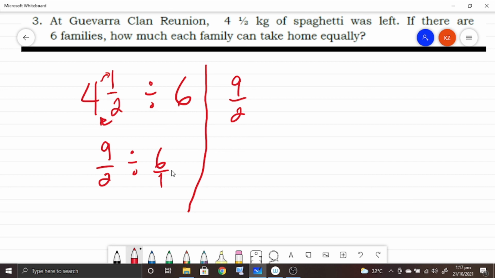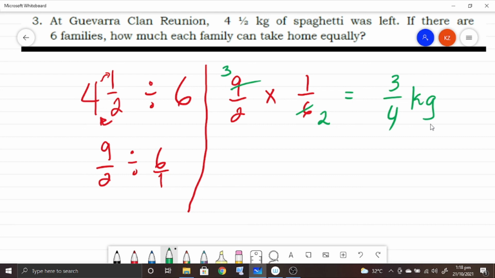Reciprocal. Okay? So, ibig sabihin yan, babaliktarin lang natin. Gagawin lang natin 1 over 6. And use multiplication. So, pwede rin tayo mag-cancellation. Divided by 3 is 2. And then, divided by 3 is 3. So, meron tayong 3/4 kilograms of spaghetti para sa bawat pamilya.